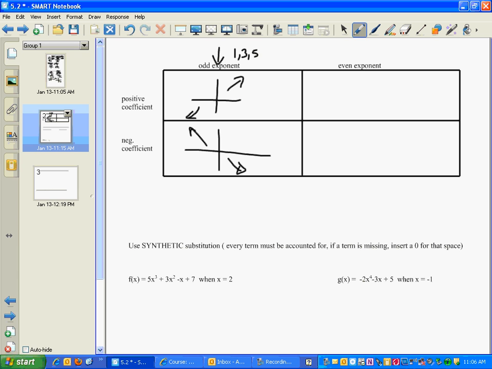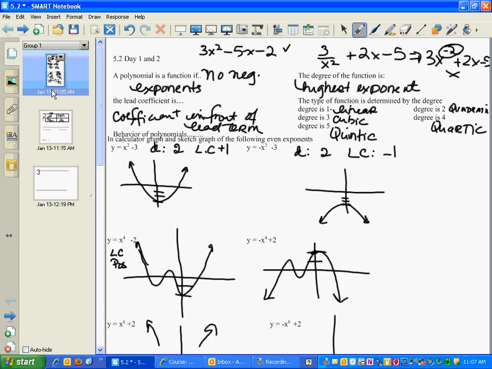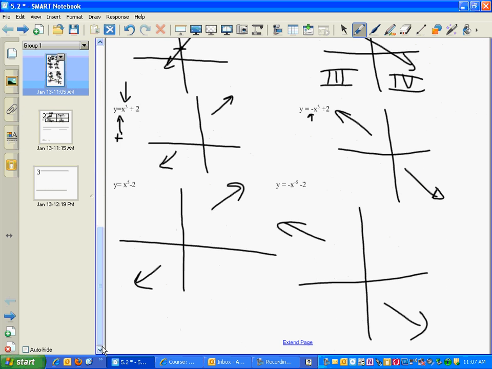And if our exponent is even with a positive coefficient, where are our tails? 1 and 2. And if it's negative, it's 3 and 4. Did I get everything on this page? Yeah.